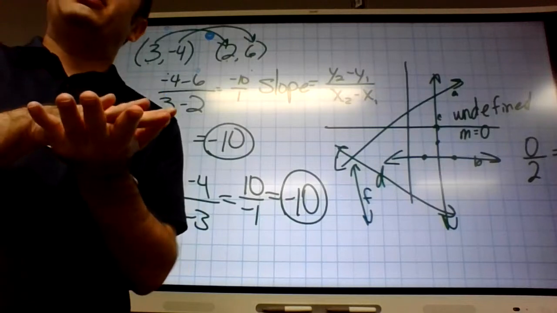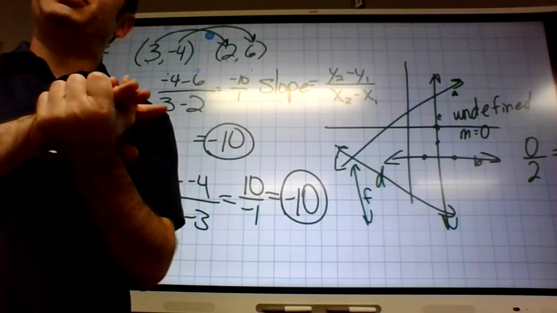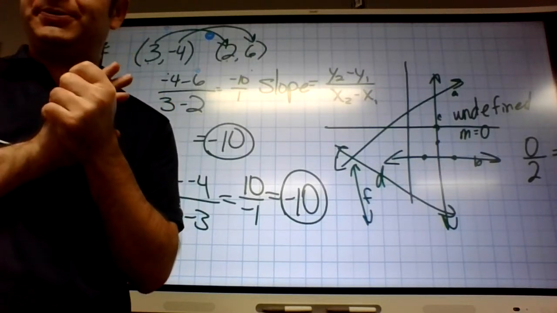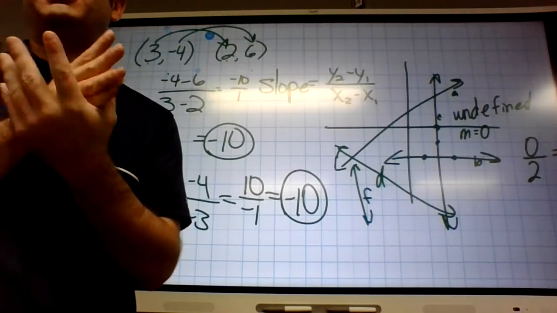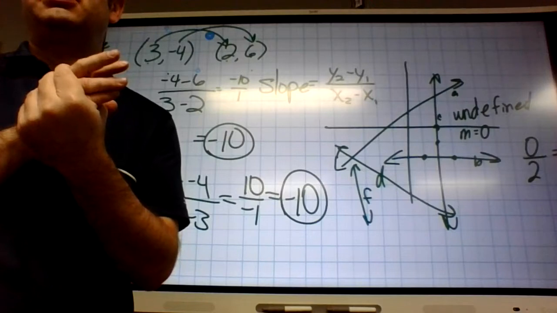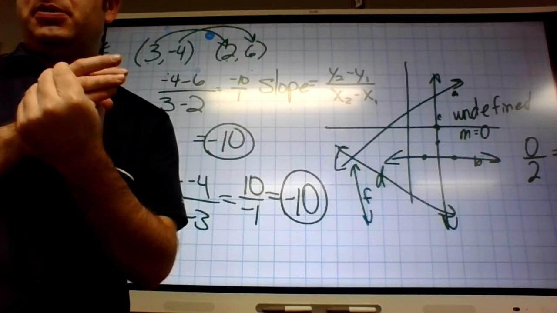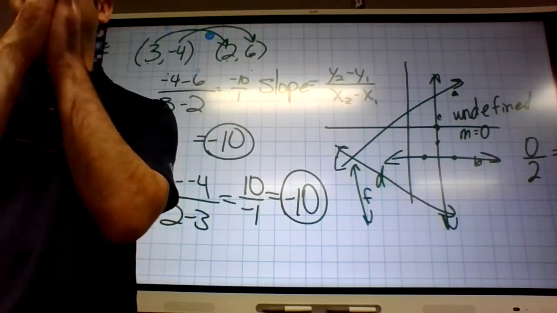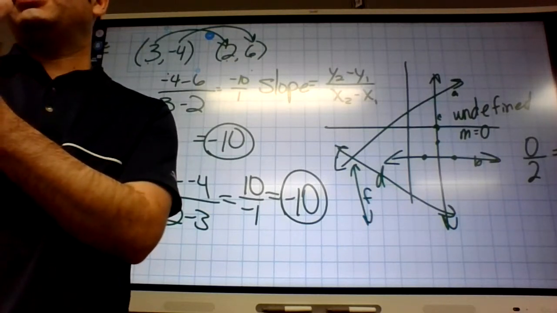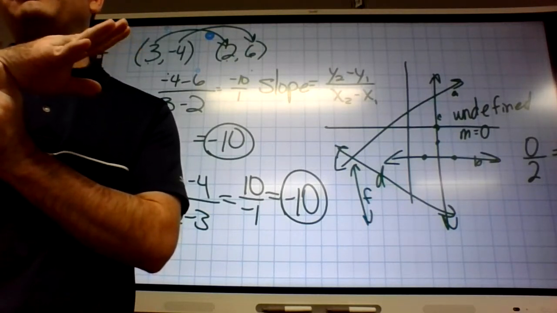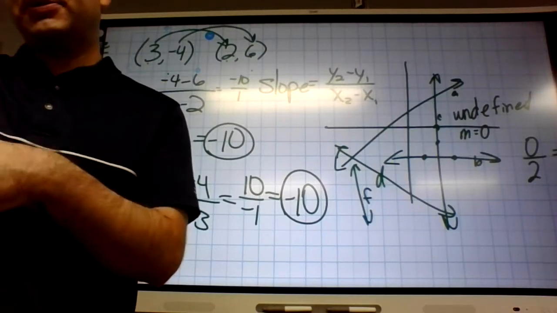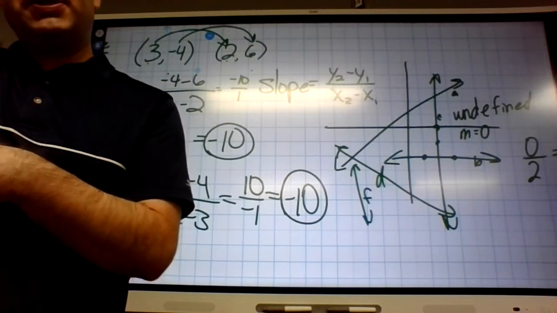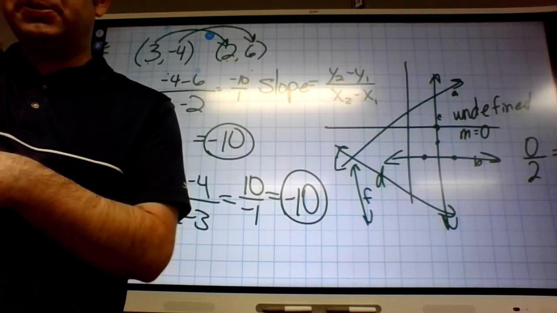So what kind of lines make the number really big, Paxton? Like if they have a really big slope, yes. So like B is like its absolute value. Yeah. So what they're getting at is the really steep lines have really big slopes. And it might be a really big negative slope, but when you do absolute value, it makes it a big positive slope. So it is D because it's the steepest.